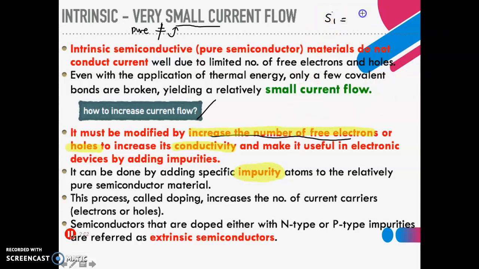You're going to add another material here in order to increase the current flow, in order to increase the number of free electrons. So this process, by adding the specific impurity atoms, we call doping process.